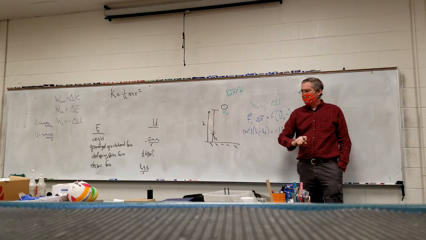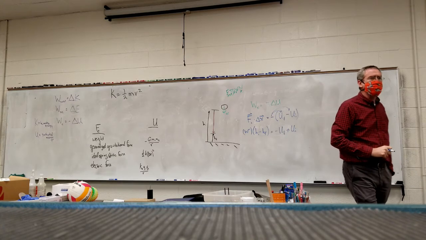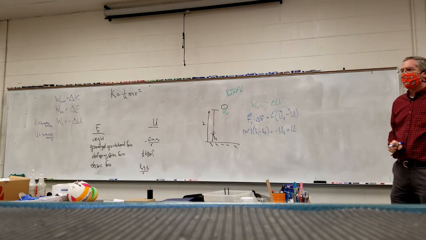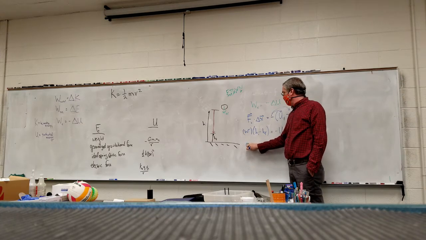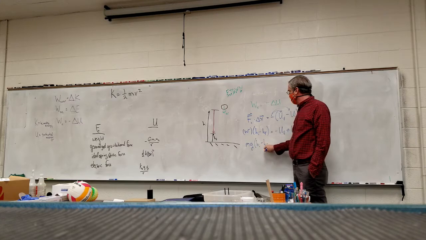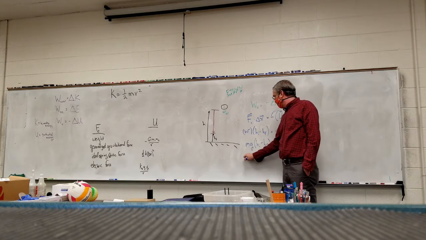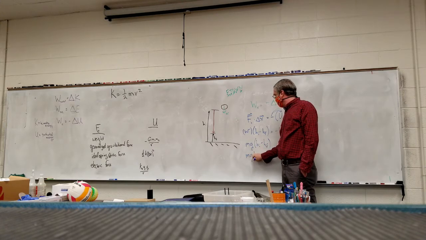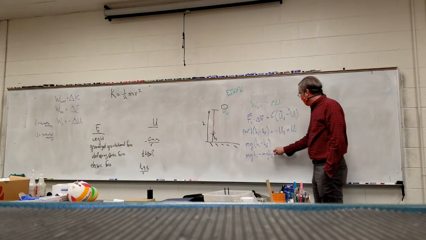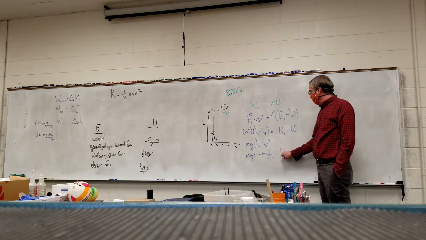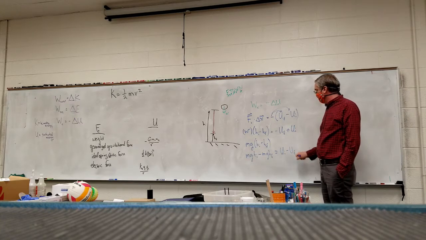What is the formula for weight? m times g. So mg times h initial minus h final, which is mg h initial minus mg h final, equals U initial minus U final.